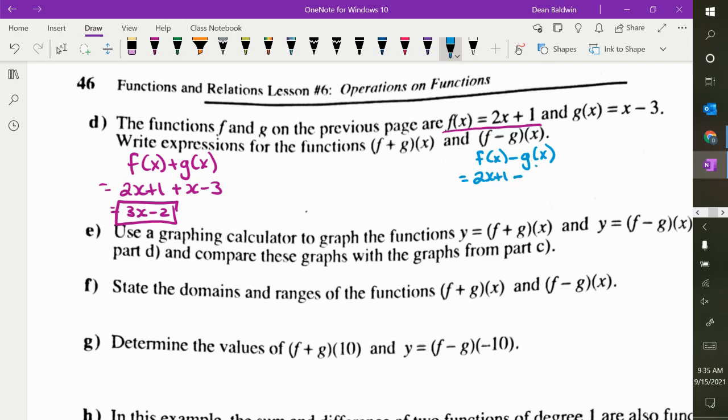So you need to bracket the whole function, because what's going to happen with that negative? It's going to flip all the signs in there, right? This negative is going to flip these signs. So it actually means 2x plus 1 minus x plus 3 to give you x plus 4.